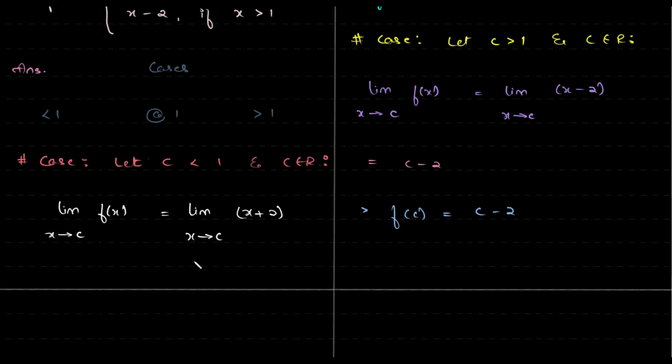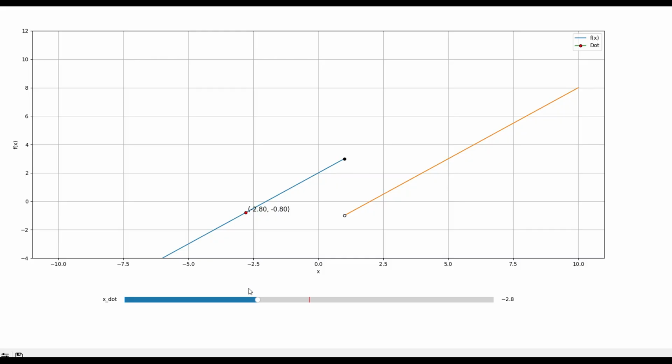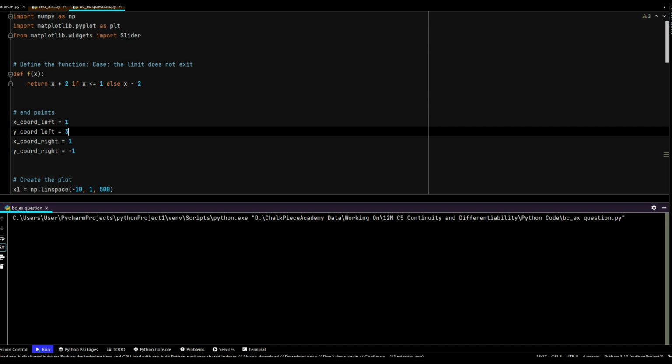And one last case. Let c be equal to 1. We can approach a point in 2 different ways. One is from the left hand side. If I approach 1 from the left hand side, the behavior is x less than 1, that is x plus 2.